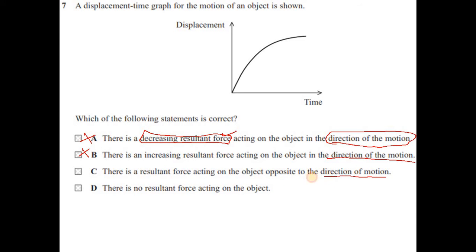Yes, a resultant force in the opposite direction of the motion causes deceleration, and the displacement time graph of decelerated motion is curved down. So this is decelerated motion due to some resultant force acting in the opposite direction. So your option is C.